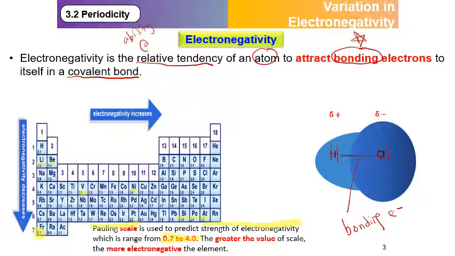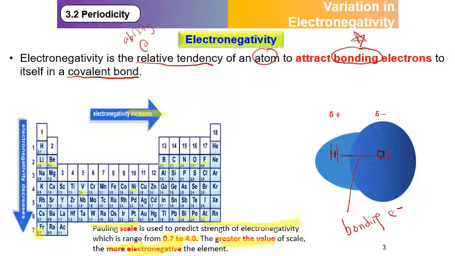So again, based on the definition and the values, we get the idea that the greater the value, the more electronegative the element. Now we look at the trend across the period. Let's take period 2 as the example. The scale increases from 1, 1.5, 2, 2.5, 3, 3.5, and then followed by 4.